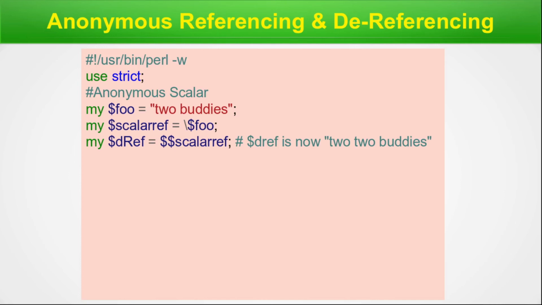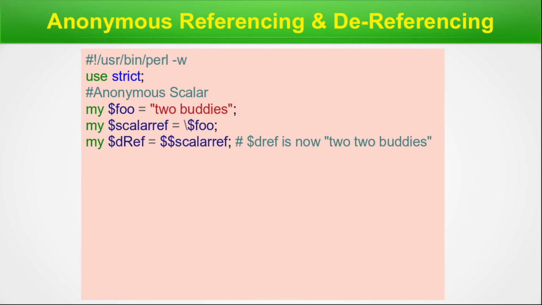Dereferencing means we know the pointer, or where it is pointed, and we want to get the value inside that pointer. So this is how we are getting the value. We have already done this for a scalar reference. Now we put a $, then $scalar_ref, which is the pointer or the reference here, and we add one more dollar sign to it.